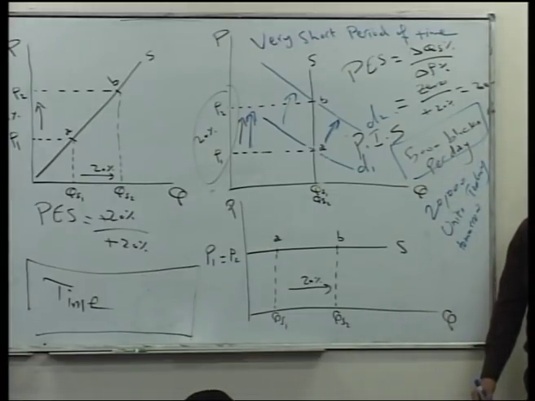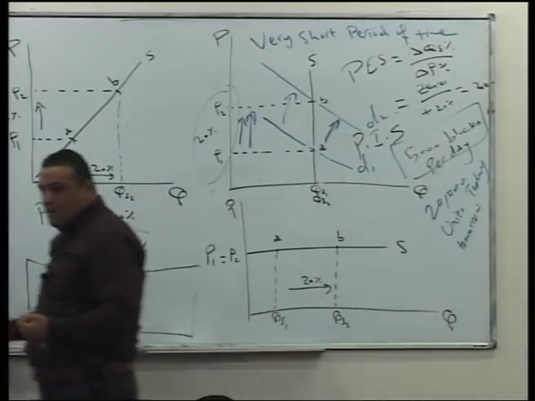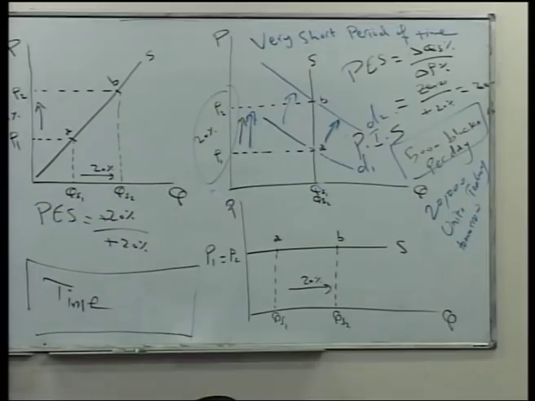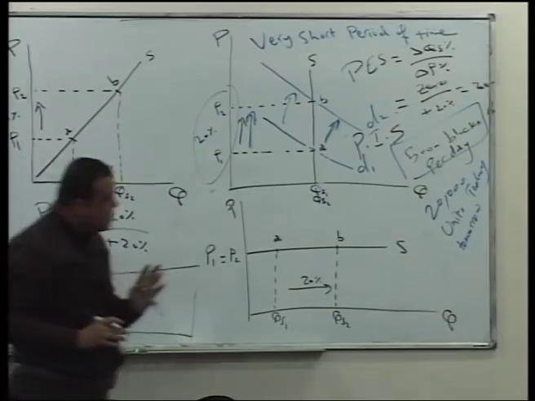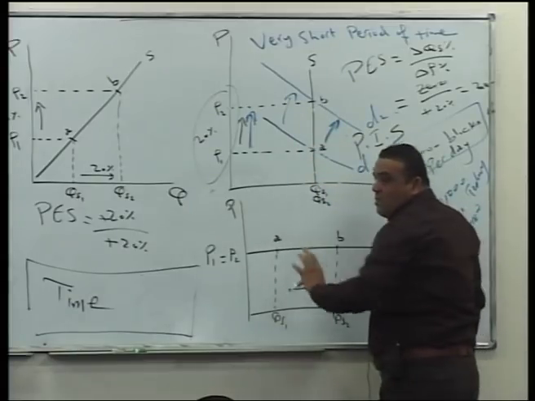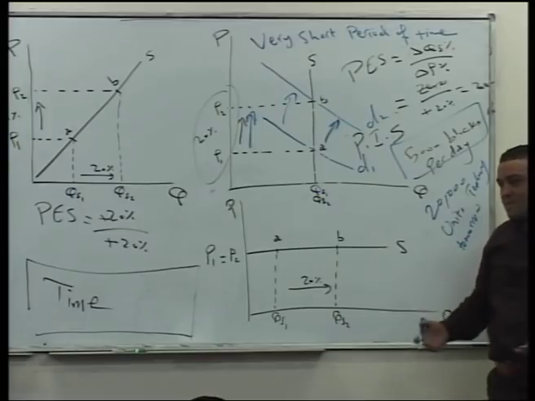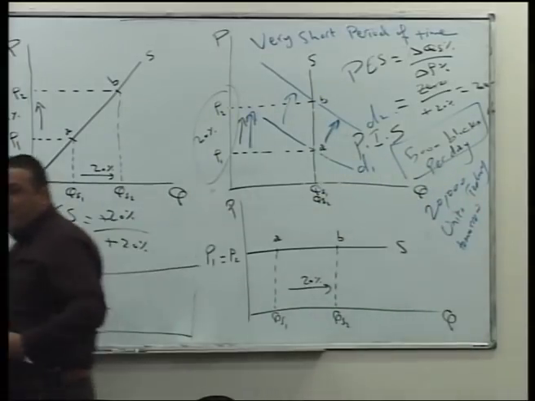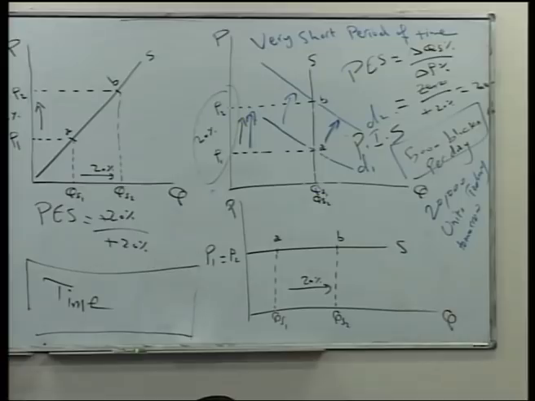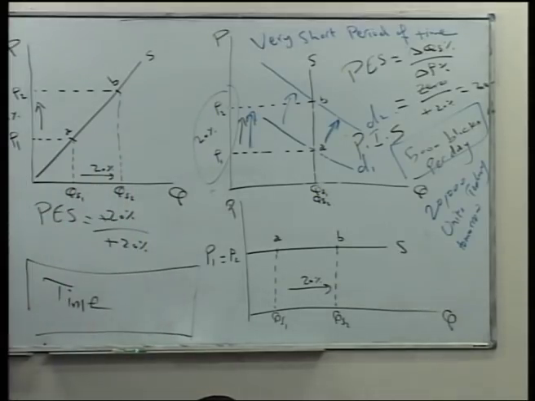The producer will be unable to produce more, although the price goes up. The quantity produced will not change in the very short run due to the capacity, because the producer will be unable to add more factors of production, to add more machines, because it needs a long time here.